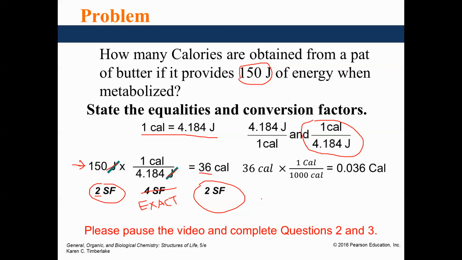And so from there, we can convert our 36 calories into food calories. That's what the question asks for, by using the relationship that 1,000 of these little calories equals 1 food calorie. So little calories cancel, and we end up with 0.036 food calories as our final answer. So please pause the video and complete questions 2 and 3 on the activity.